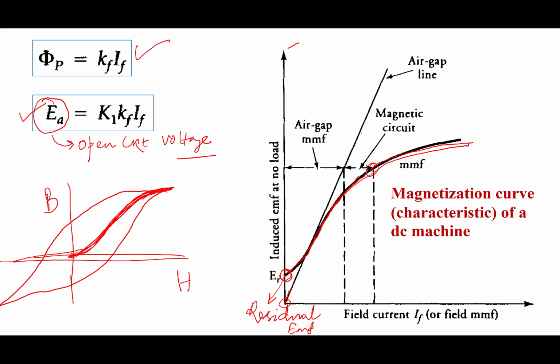We have more flux density in the ferromagnetic material as compared to air. Why do we get more flux density? Because of the reluctance. The reluctance of the air medium is very high as compared to the ferromagnetic material.